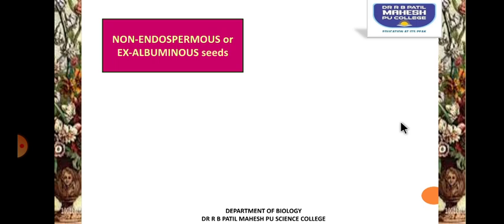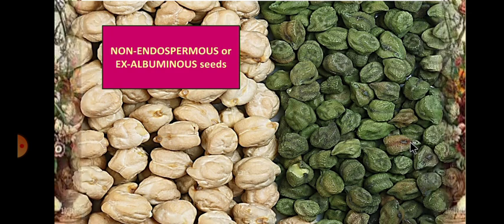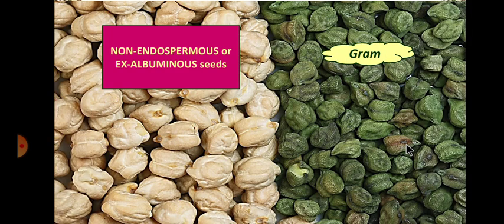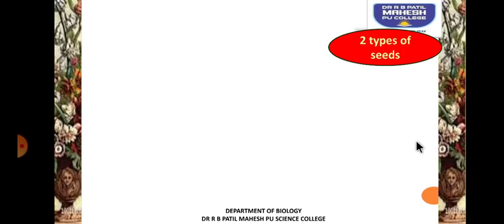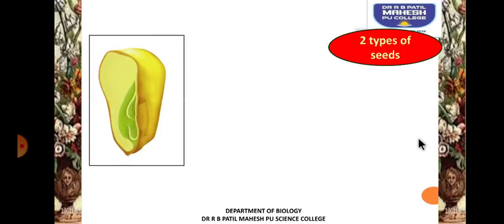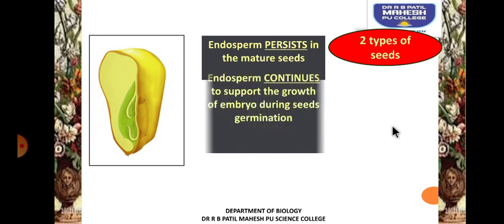Go back to the topic morphology of flowering plants. There you will come to know that bean, pea and gram are said to be non-endospermic. Here are the examples of non-endospermic seeds. Now this is groundnut, which is non-endospermic. When it comes to dicot plants, students, you have to remember this way: only castor is with endosperm, the rest are all non-endospermic.